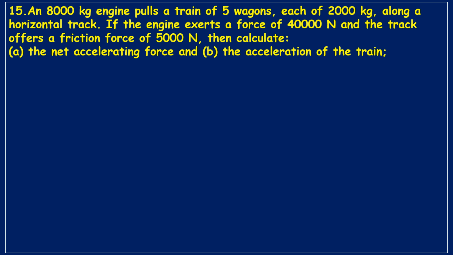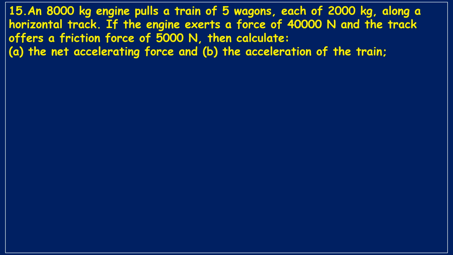Each wagon's mass is given as 2,000 kilograms, along a horizontal track. If the engine exerts a force of 40,000 newtons and the track offers a frictional force of 5,000 newtons.